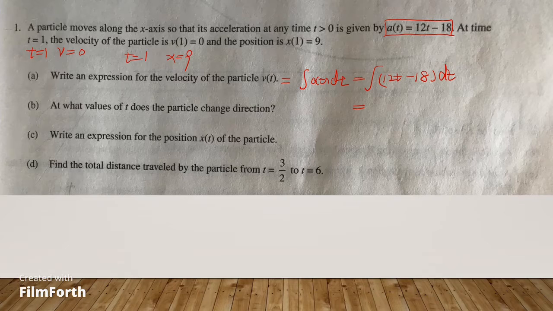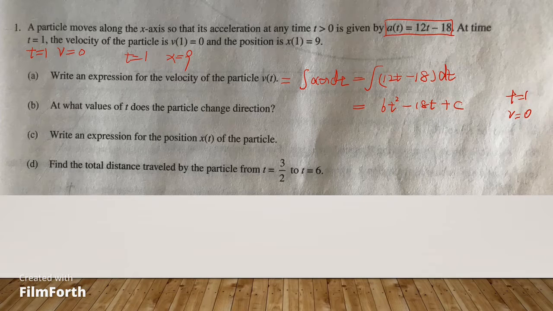So integrating 12t is 6t squared. Negative 18 is negative 18t plus a constant. Now we have to plug in the information that at t equals 1, v equals 0.